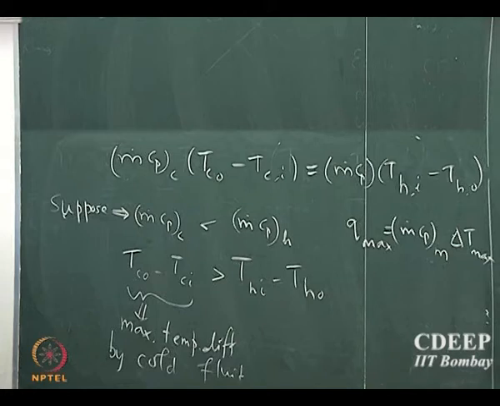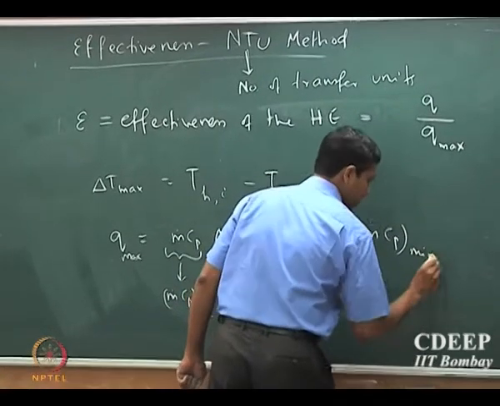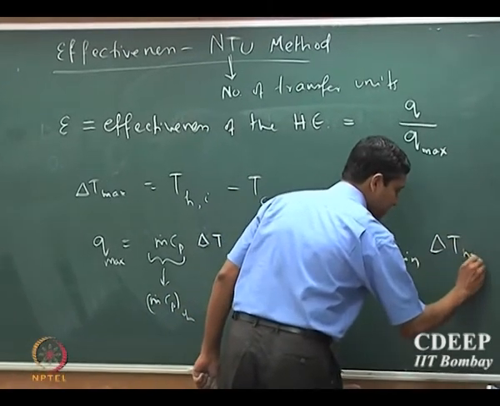So, the capacity of the fluid multiplied by the mass flow rate, whichever is minimum, that fluid stream is the one which is likely to have a maximal temperature difference. Therefore, Q max is essentially defined as m dot Cp minimum multiplied by delta T max.